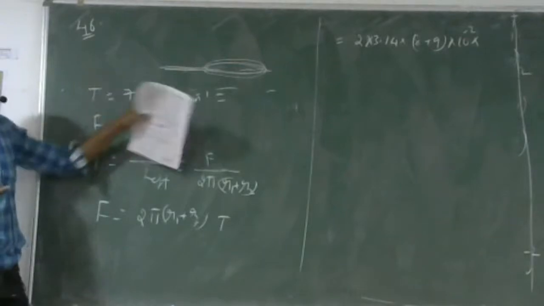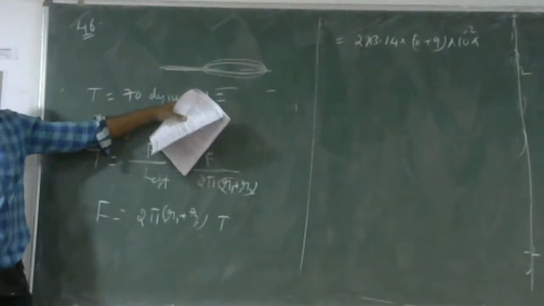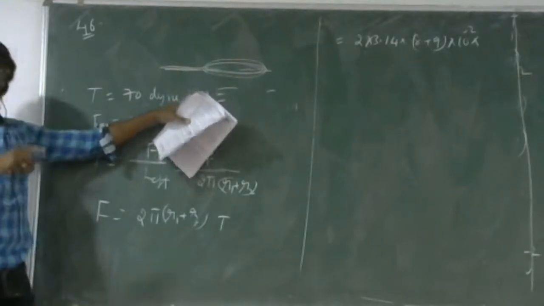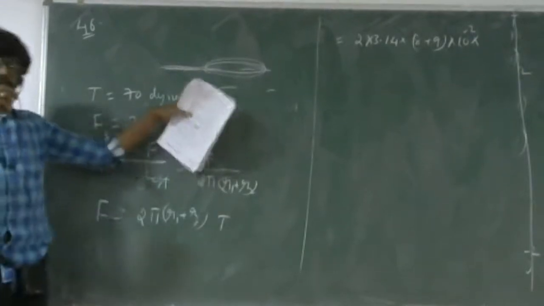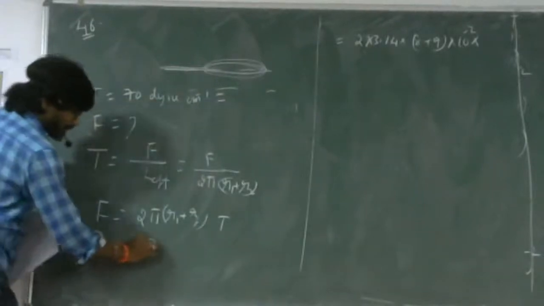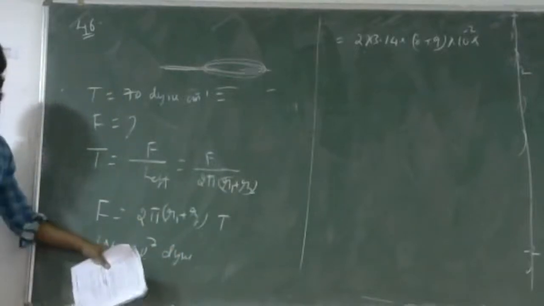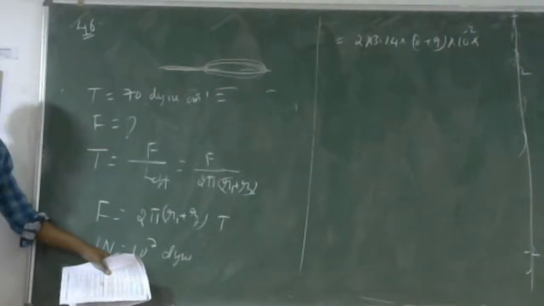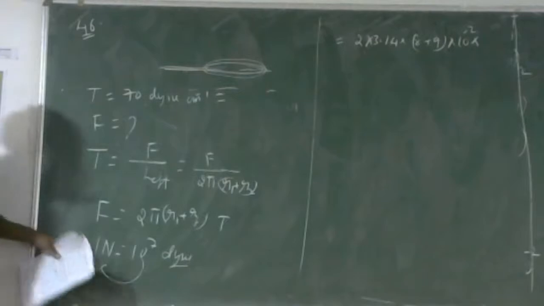into SI units, dyne per centimeter. One dyne is equal to how many newtons? 1 Newton is equal to 10 to the power 7 dyne. So 1 dyne is equal to 1 by 10 to the power 7 Newton.